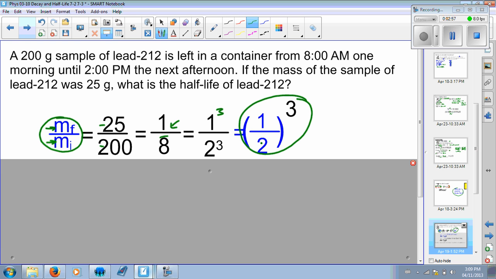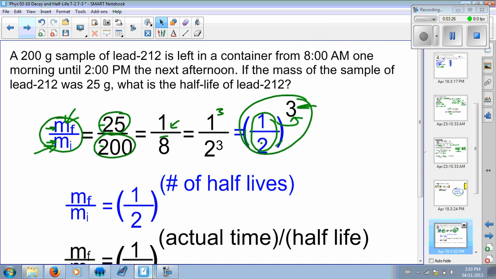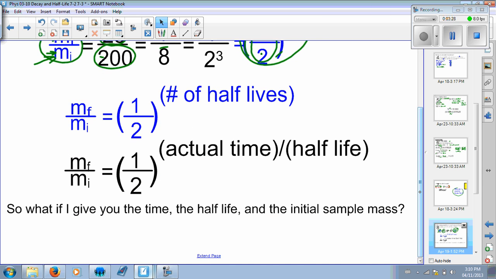What it's saying is the ratio of the final mass to the initial mass is the same as 1/2 to the power of the number of half-lives that have elapsed. So in this case, 25 over 200, it was 3 half-lives. So this equation, taken a little more generally, and you can read through it in the textbook, is this one here.